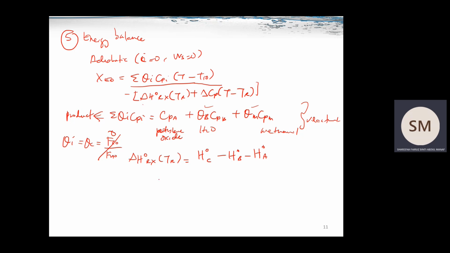Okay, so and then another one you kena cari delta HRX T, okay, equals to delta HRX TR plus delta CP T minus TR. Okay, so daripada sini sebenarnya you nak cari nilai T nanti. Okay, so itulah cara dia.